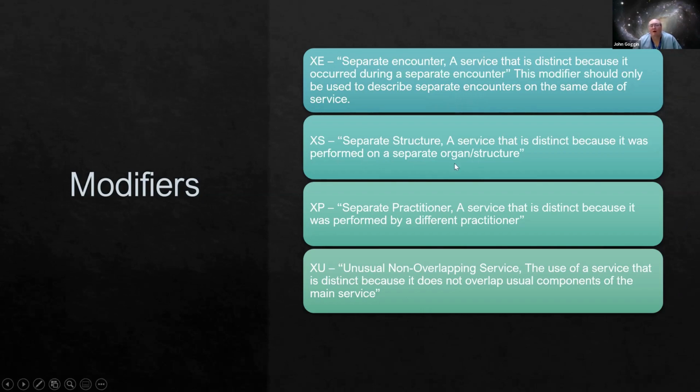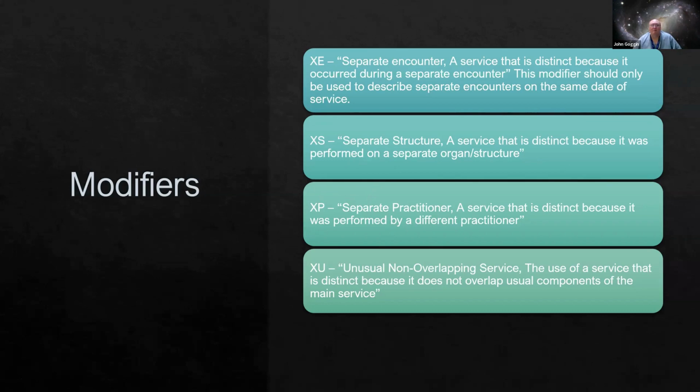Separate structure, this would be a situation where, say, you injected a neuroma and plantar fascia, separate structures. Separate practitioner, this would be typically used if, for instance, you were in an orthopedic group and you had a patient that came in and you injected a neuroma, and your orthopedic partner on the same day saw that patient and aspirated their left knee.